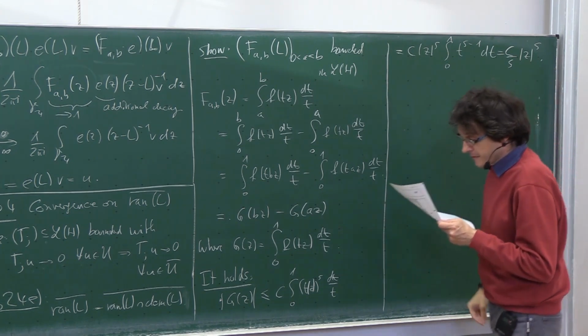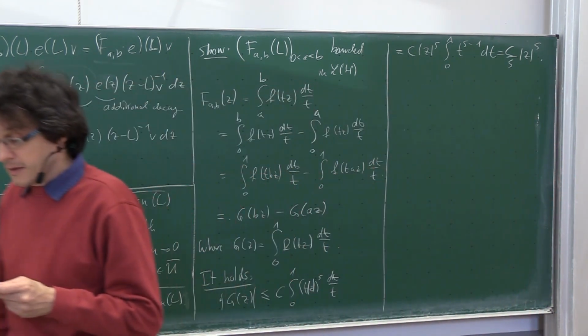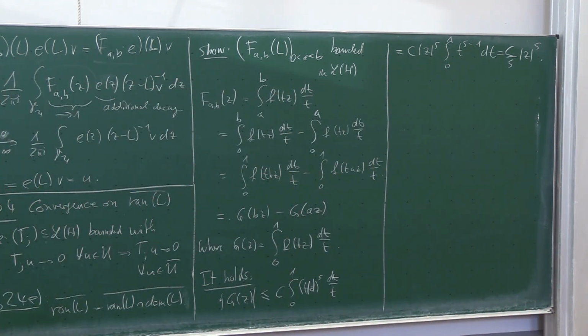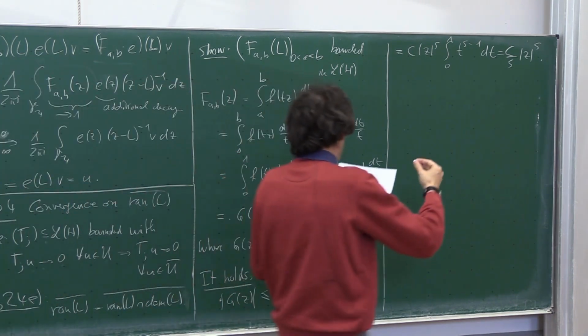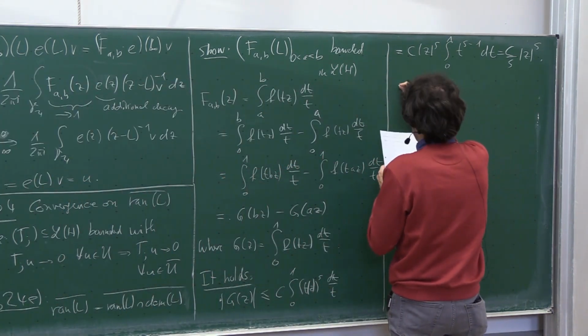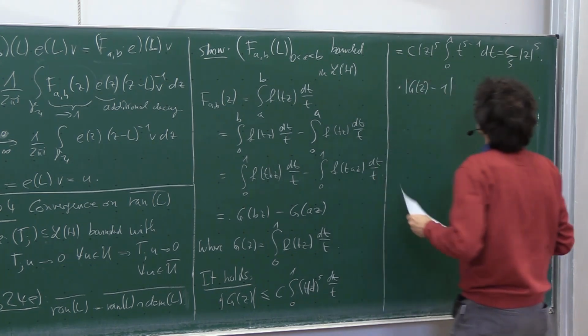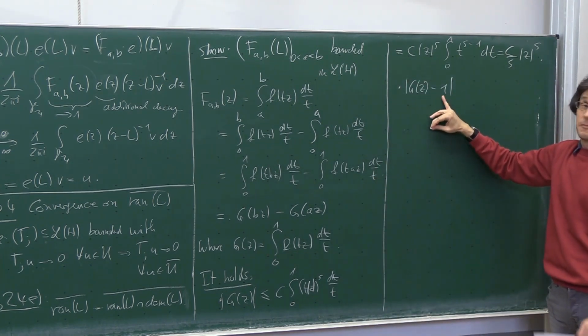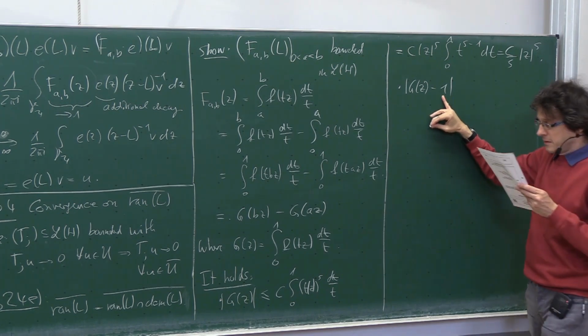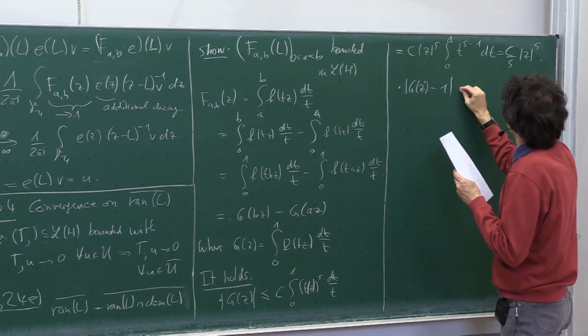You see that for z going to 0, this goes to 0 polynomially, so you have a polynomial limit 0 at 0.